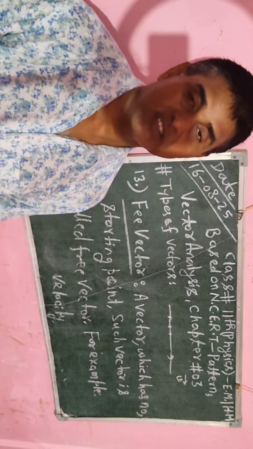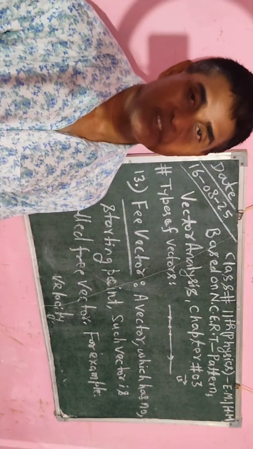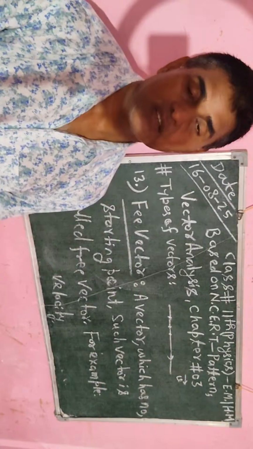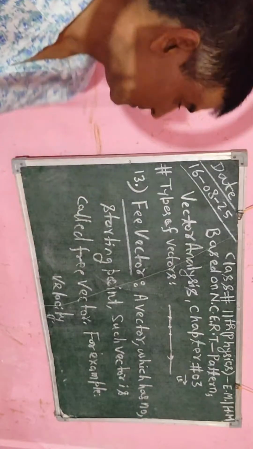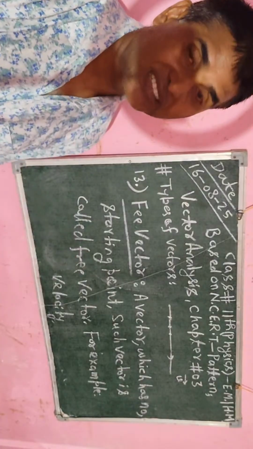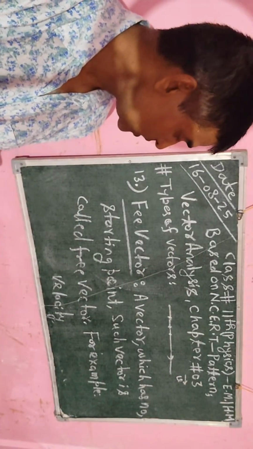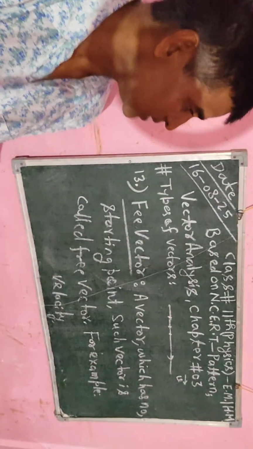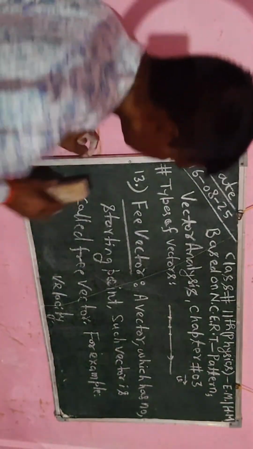So what is the concept of a localized vector? It means a vector which has a starting point but has no ending point. In other words, it has only the tail. Such a type of vector is the localized vector.